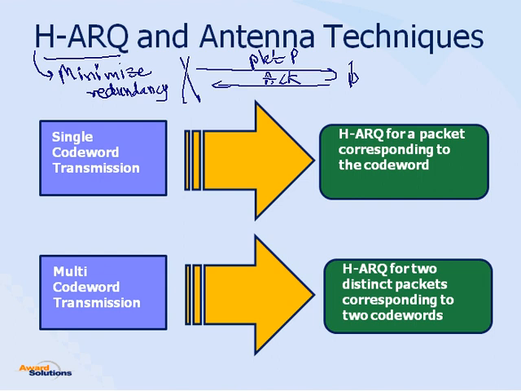So instead of wasting our resources on sending the redundant information, why not use those resources to send a new packet? And anytime you use the resources to send a new packet rather than old packet redundancy bits, we are increasing the throughput. Right? So that's the hybrid ARQ. So we minimize redundancy, we increase throughput.